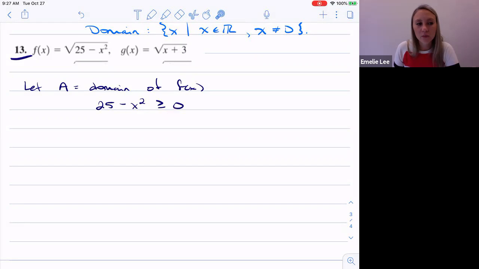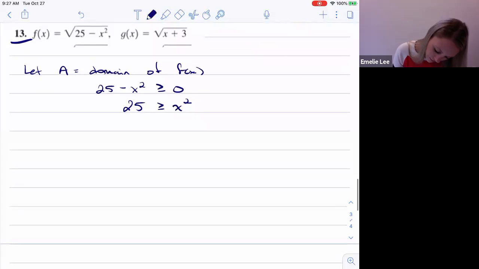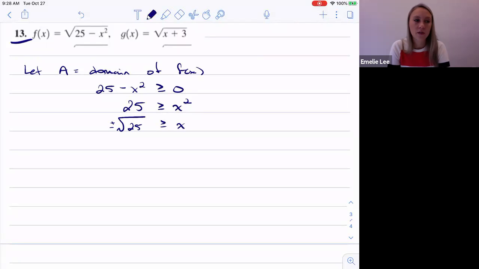As long as we're adding, we're okay. We don't have to switch the sign, right? So we've got 25 has to be greater than or equal to x squared. Once I take the square root, though, I have to be careful because then I get the plus minus version of it, so plus minus the square root of 25 has to be greater than or equal to x.